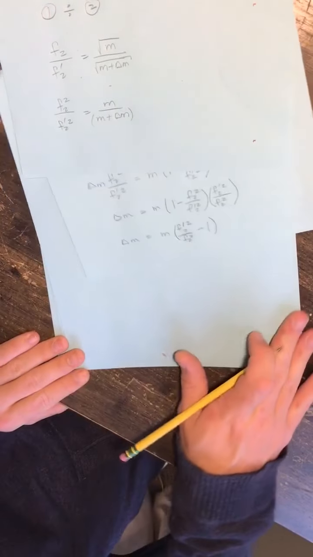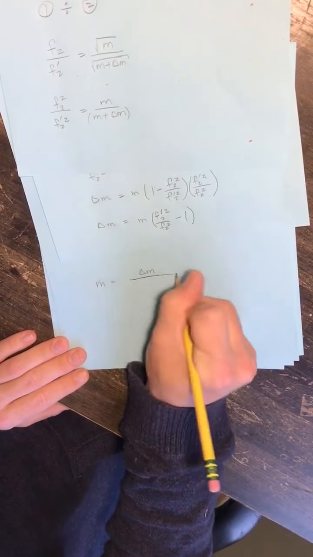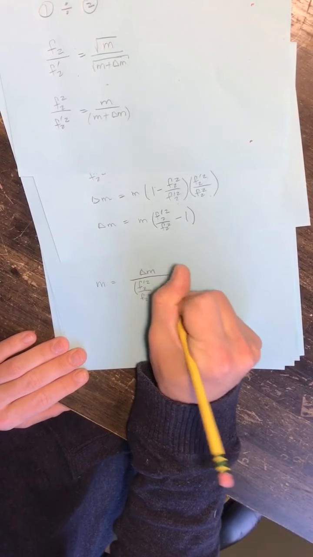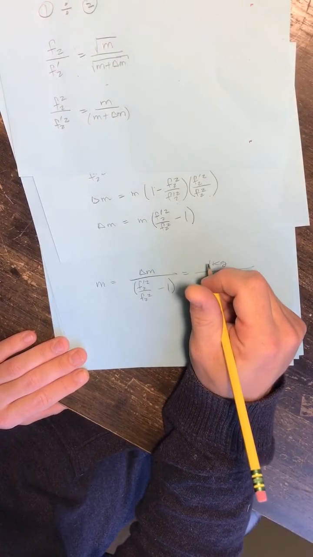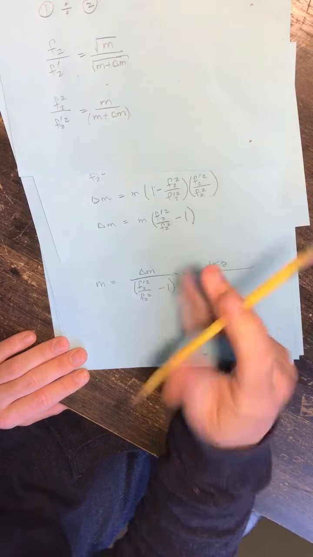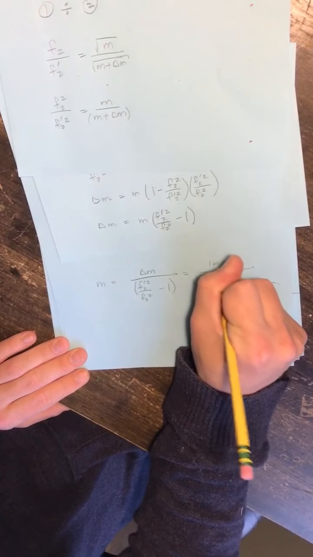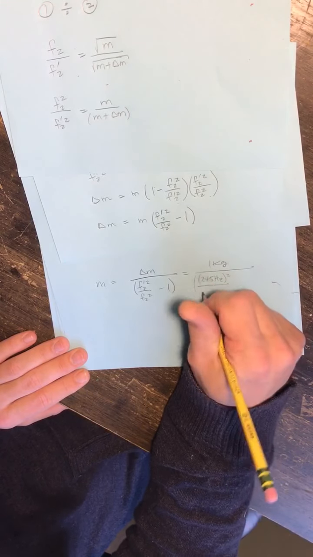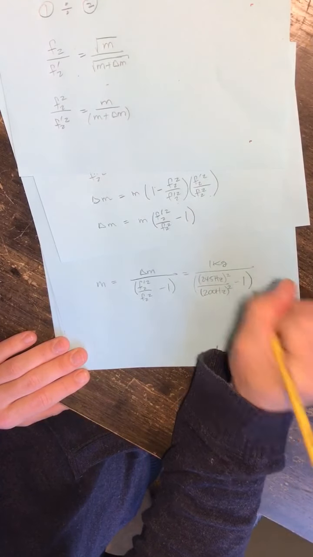Getting close here, we get that m is equal to delta m divided by F2 prime squared over F2 squared minus 1, which is equal to 1 kilogram divided by 245 hertz, F2 prime, squared, divided by F2 squared, which was 200 hertz squared, minus 1.